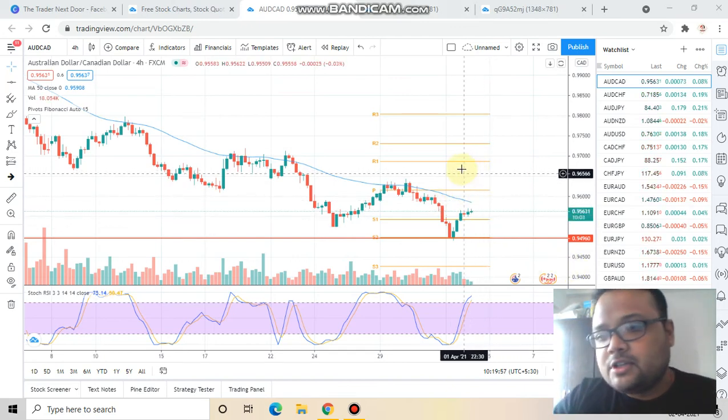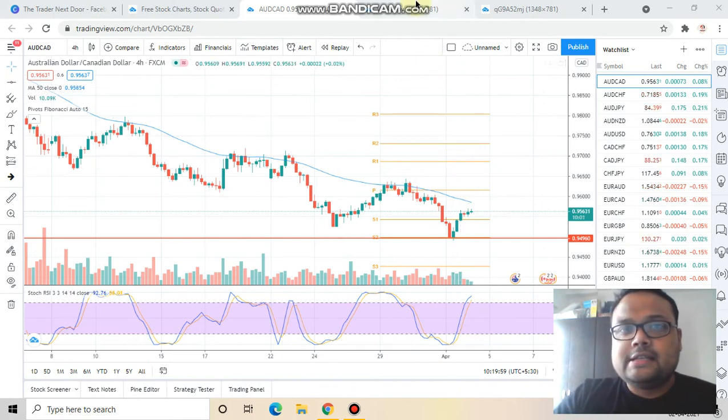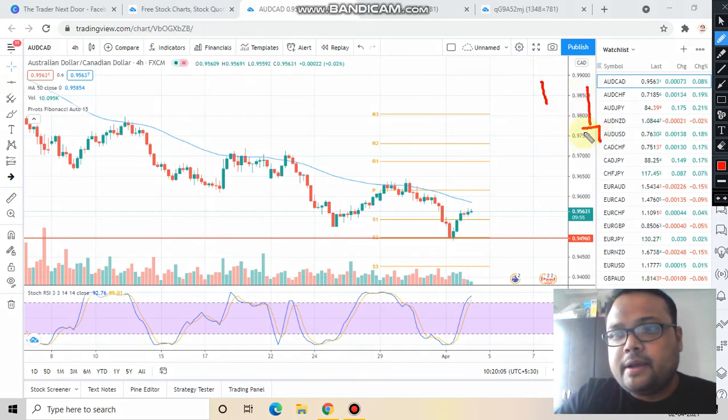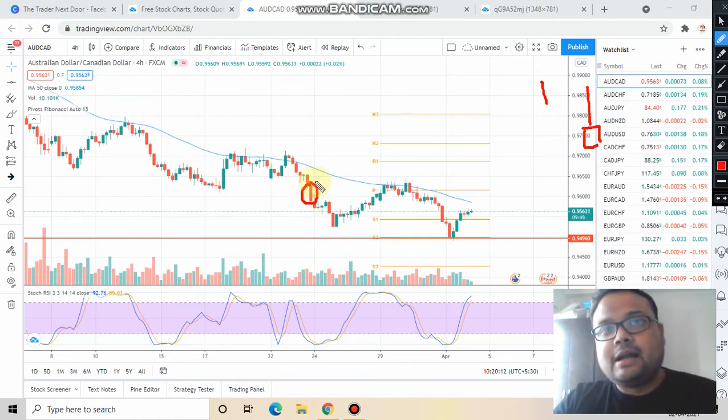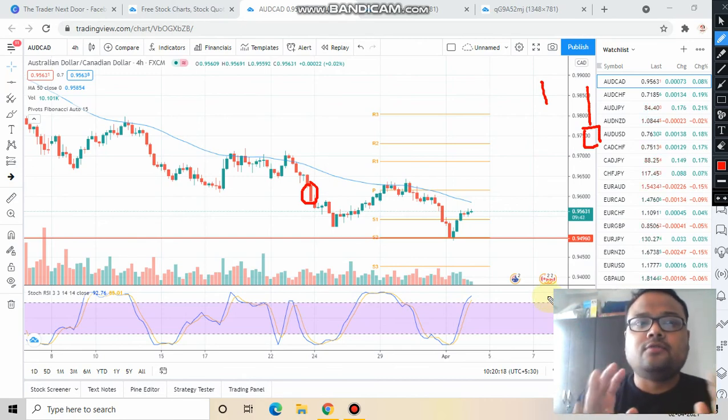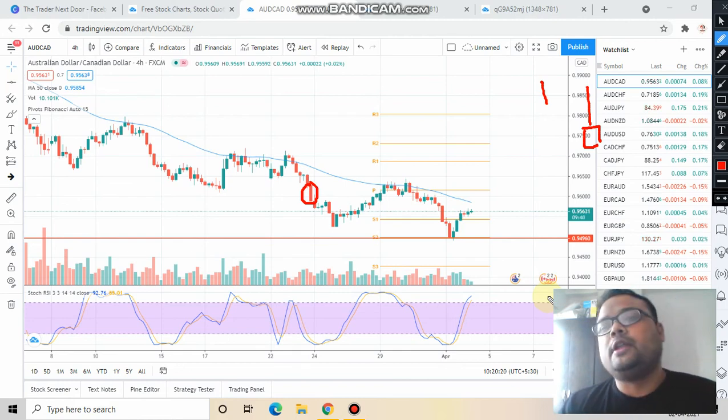Confirmation can be in the form of price rejection from above, a shooting star kind of pattern, or a big red candle like this. Once you get the confirmation that the market is about to reverse, then just short the market or sell AUDCAD. So this is a simple strategy that you can follow for AUDCAD for 2nd April 2021.